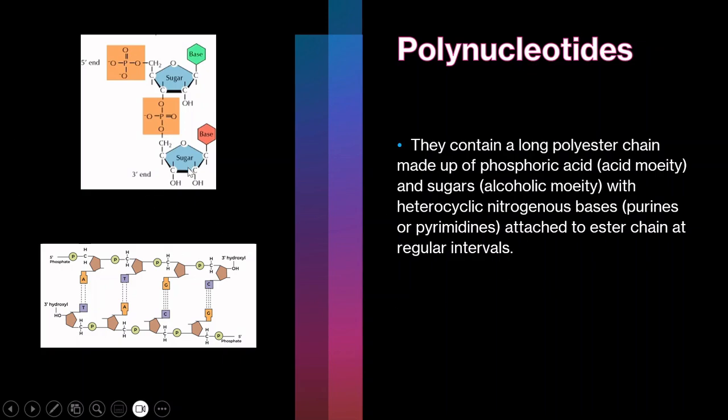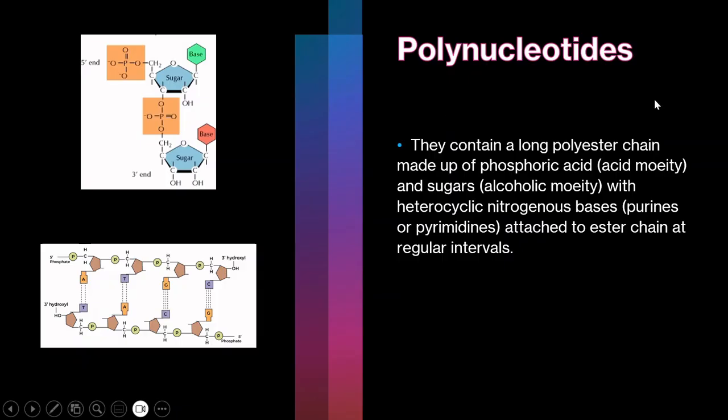So if we look, we have sugar. These sugars contain a lot of OH units, that is the alcohol moiety. The phosphate ion contains the phosphoric acid moiety, and there is a linkage between sugar and phosphate. Again sugar, phosphate. And on the sugar there are nitrogenous bases.